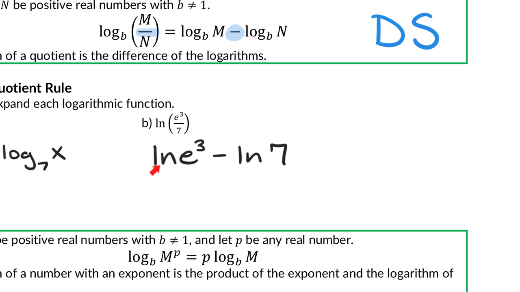Natural log is base what? E. So I actually have a base e and an evaluated number of e. What does natural log of e to the third power become? This part becomes 1, but then I have a power 3 up there, right? So it actually becomes 3.